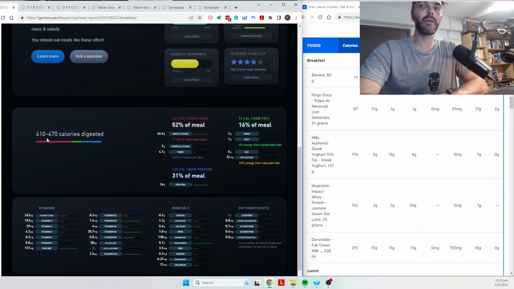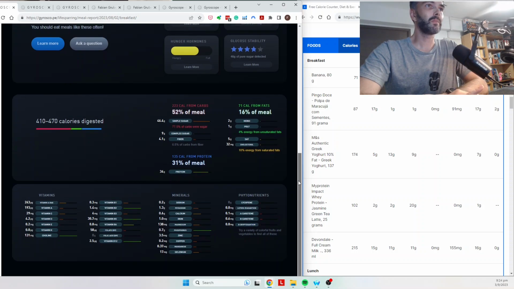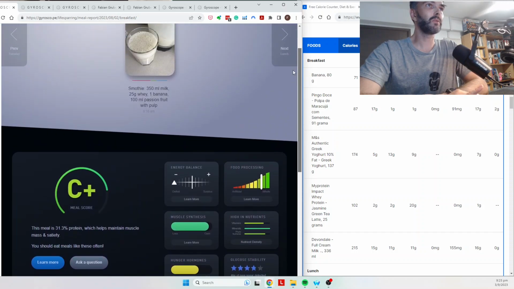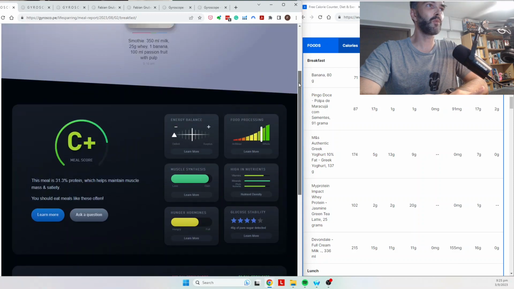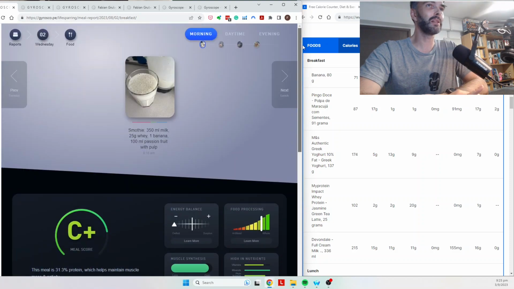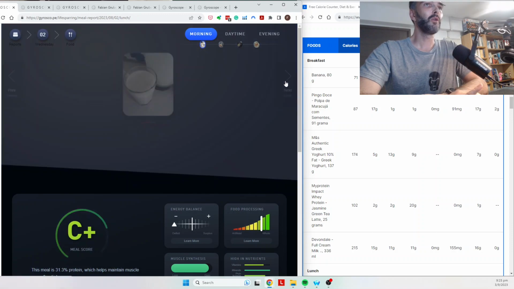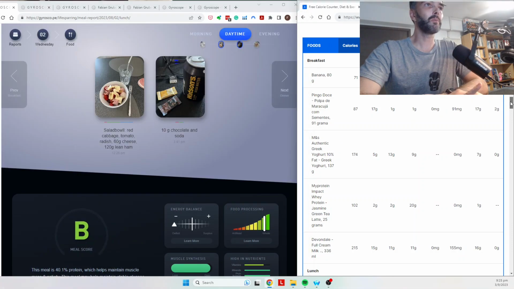I have in MyFitnessPal 650 calories all in all, and just 410 to 470 here. So again, off by around 50%. Maybe their model here is based on low-fat milk and low-fat yogurt. Then maybe it would be closer.